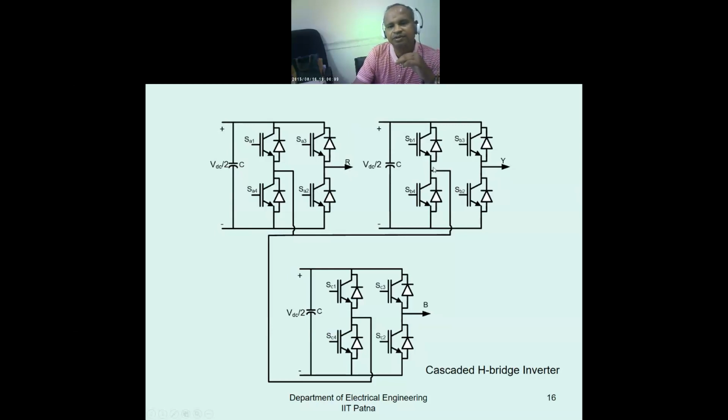And at that time, when S4 is on, you get 0 voltage here. So add this to this voltage, and you will have a VDC by 2.